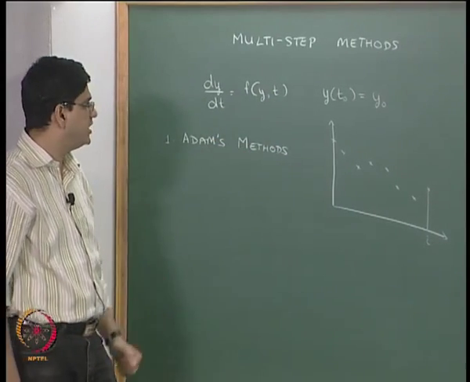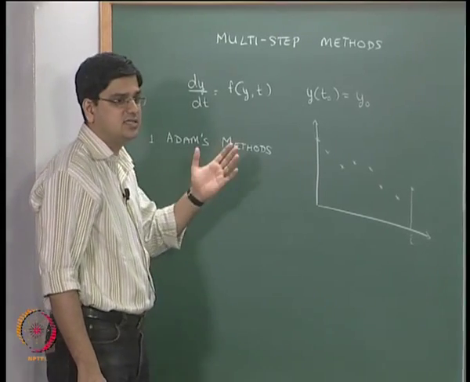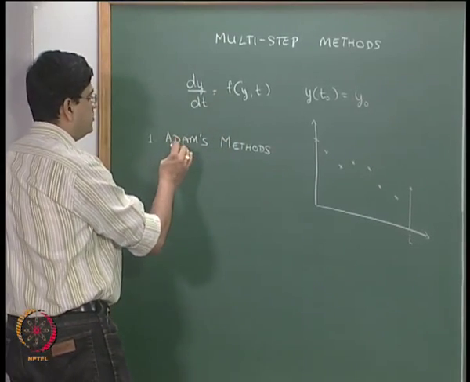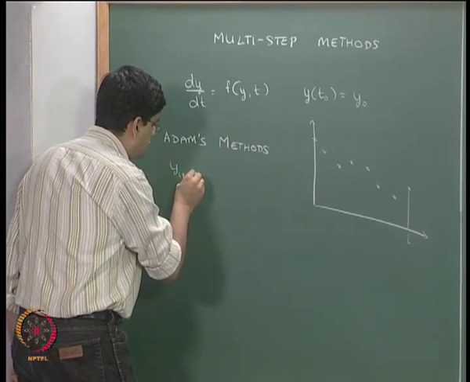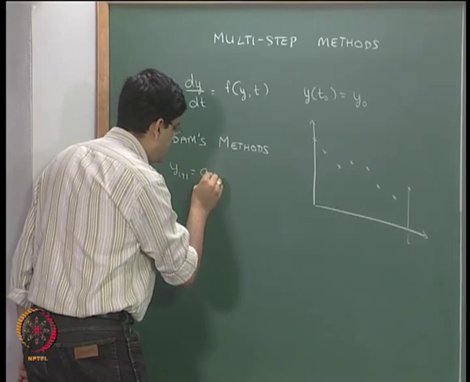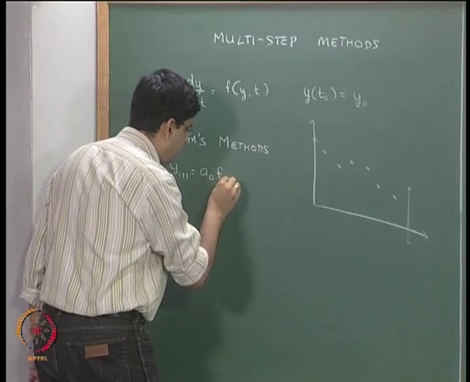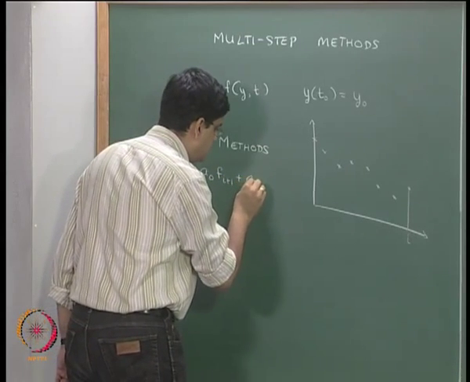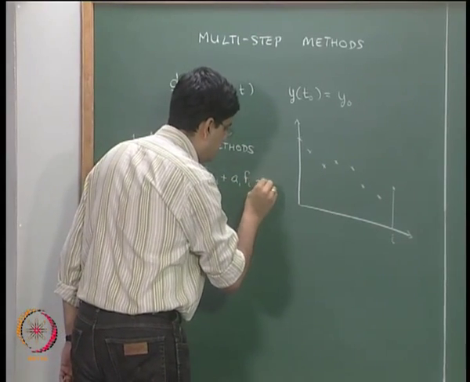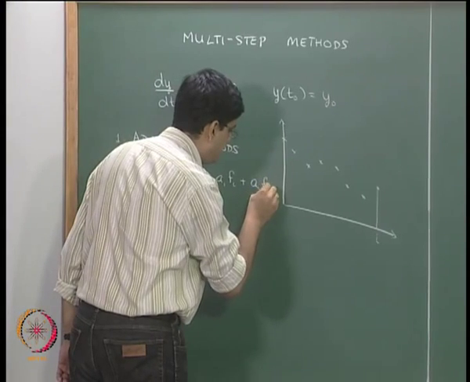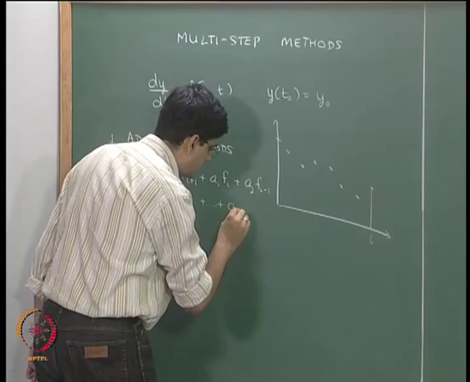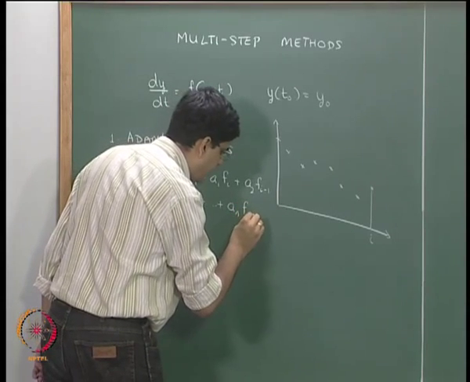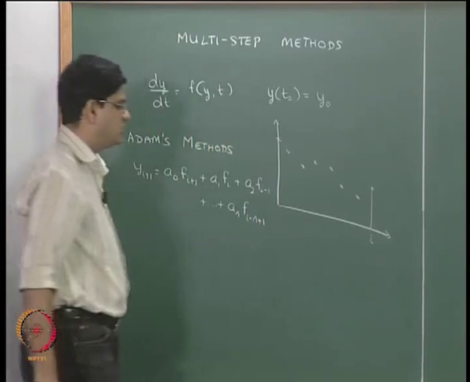That is what we do in the Adams family of methods. As a result, the value in the Adams family of methods is obtained as yi plus 1 equal to a0 fi plus 1 plus a1 fi plus a2 fi minus 1 and so on up to an fi minus n plus 1.